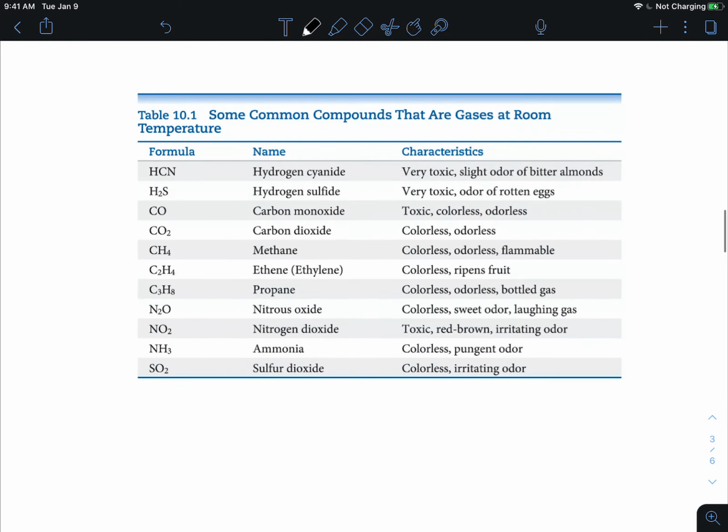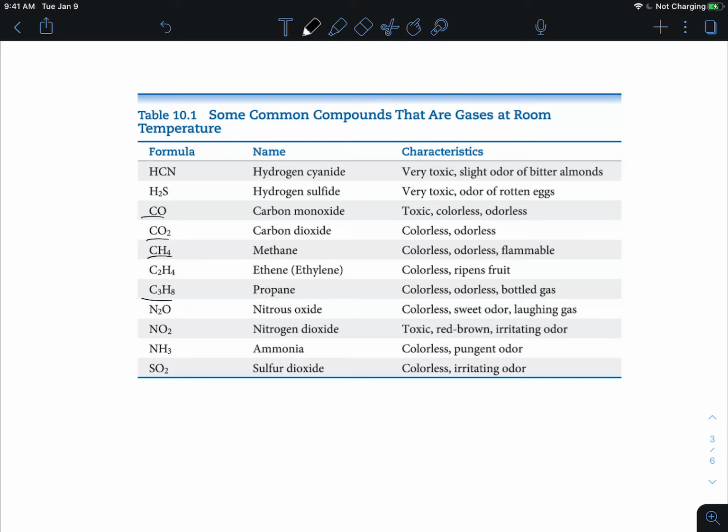Here are a couple of common compounds that are gases at room temperature, and a lot of these should look familiar, such as carbon monoxide and carbon dioxide. We've got methane in here, propane, right? All of those are ones we've talked about.